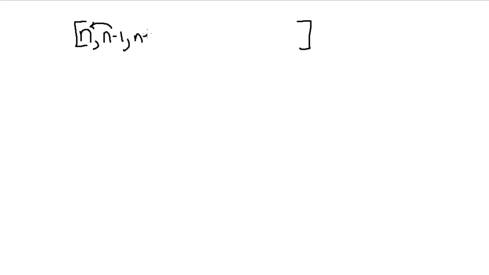From n minus 2, there is exactly one way we can get to n directly. And from n minus 3, there is one way we can get to n directly. So we would have an array which says from n to directly n, there is one way. From n minus 1 directly to n, one way. From n minus 2 directly to n, one way. And n minus 3 directly to n, one way. And obviously, we would do this for all the k's that there are.